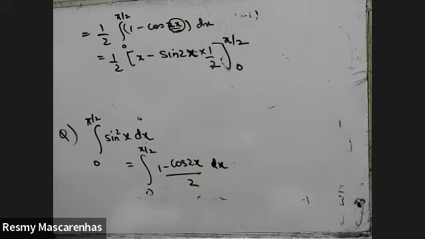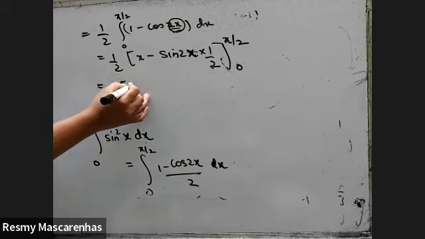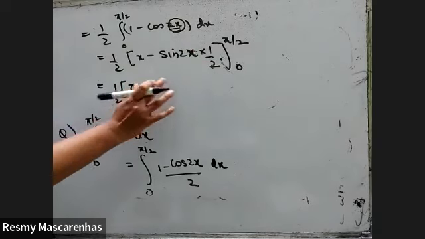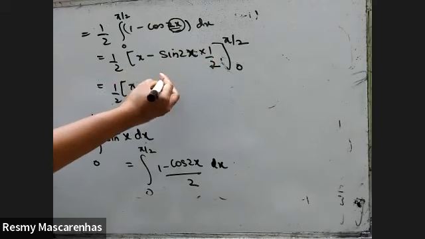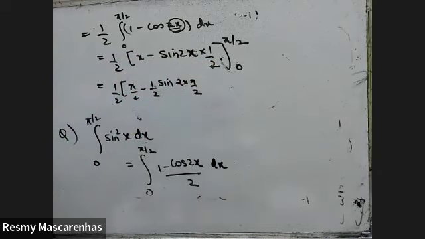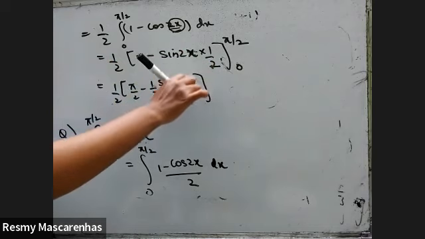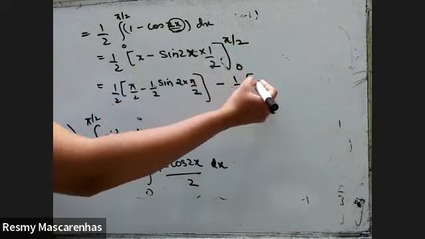Now substitute pi by 2 first. This you cannot cancel. I'll write first: instead of x, I'll put pi by 2, then minus, again 0.